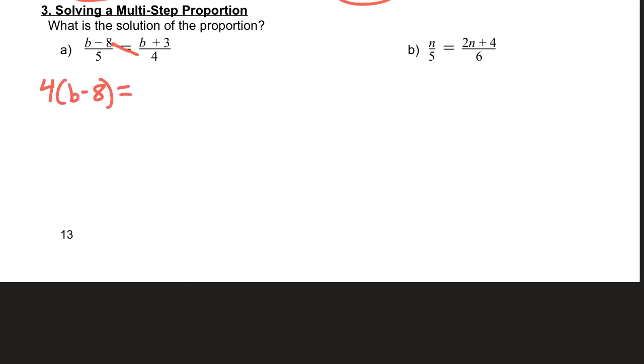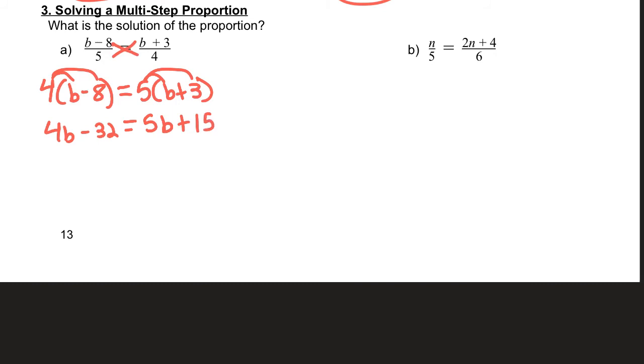I'm going to set that equal to 5 times b plus 3. So I've got distribution on both sides. 4 times b, 4 times negative 8 becomes 4b minus 32. 5 times b, 5 times 3, 5b plus 15.